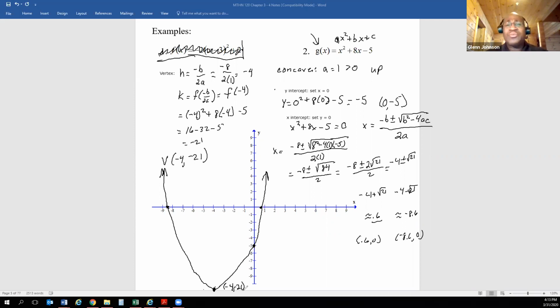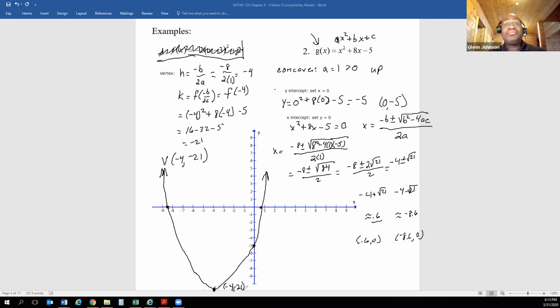Most of the problems that you'll probably see in your homework will be structured in such a way that finding the x-intercepts may not require that. You may just have to be able to factor, but you should be comfortable with using the quadratic formula. And so if you need to, don't be afraid to do so. And in those cases, for the purposes of graphing, it's okay to approximate the values on your calculator.